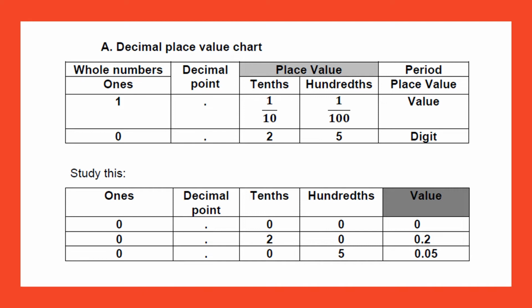And in hundredths, of course, 1 over 100. So that is the place value of the decimal number.